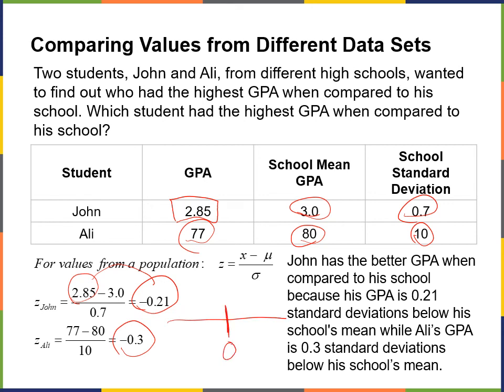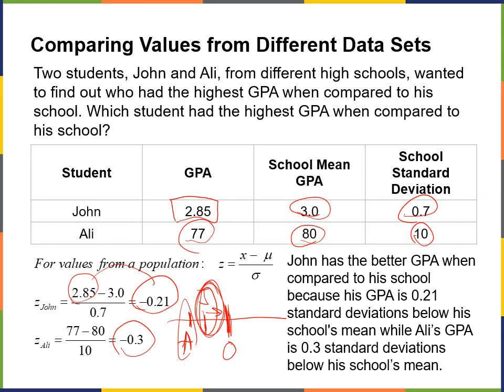Z-scores turn the mean into 0. So John is right here at negative 0.21, and Allie is right here at negative 0.3. So John's is closer to the middle, closer to the overall mean than Allie's is. And John has a bigger GPA than Allie relative to the two of them.